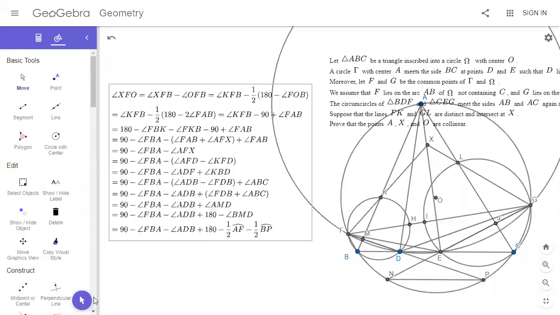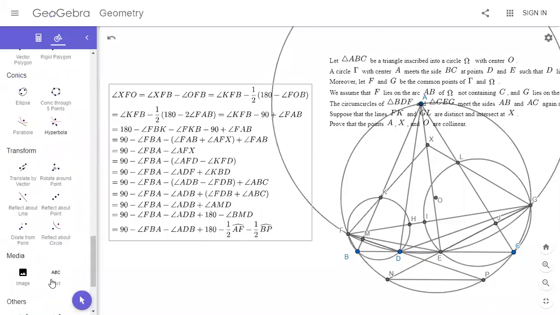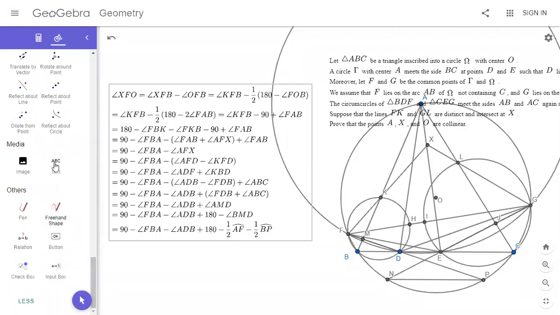And then we can do the exact same argument with angle XGO.